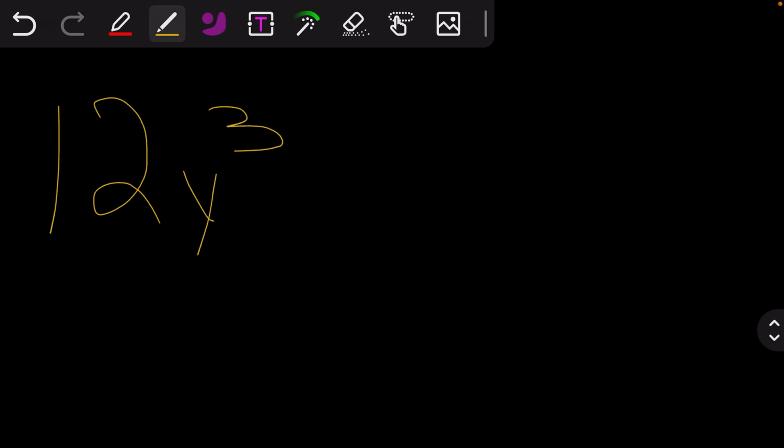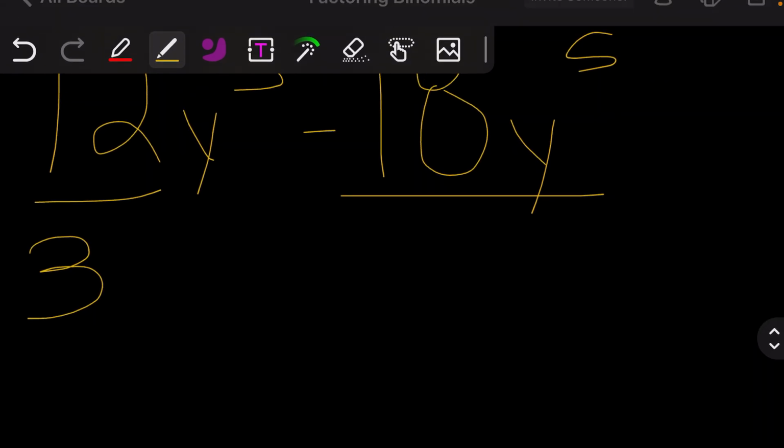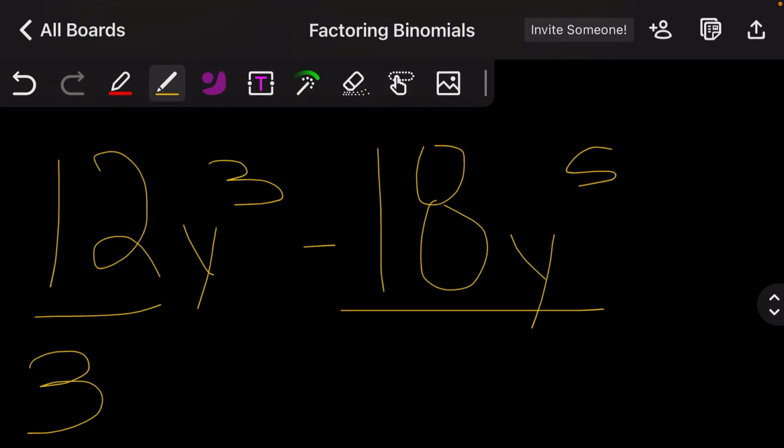12y cubed minus 18y to the 5th power. So we can divide the two coefficients by 3. We can divide 12 by 3 and 18 by 3 pretty cleanly.